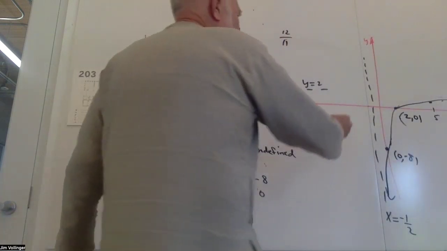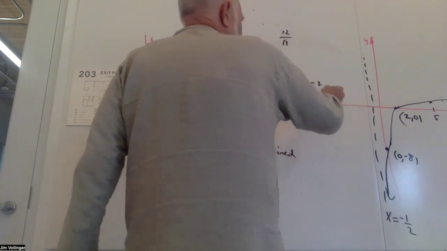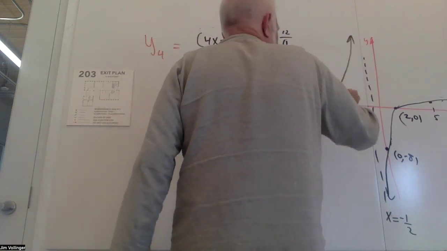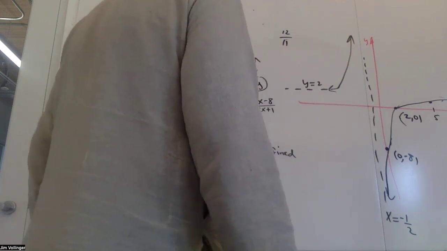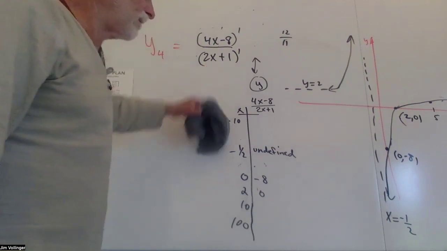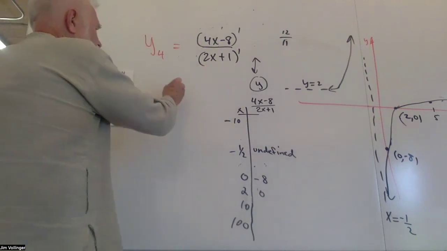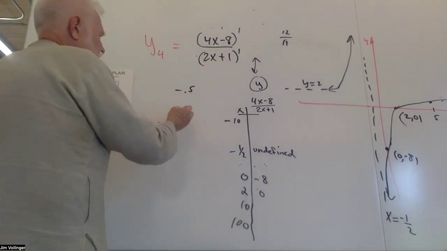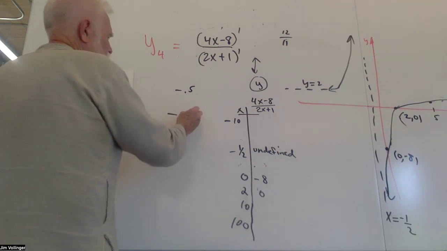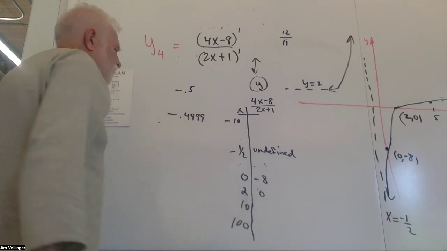But, all right, hopefully we see that. And then we know we're not crossing the x-axis anymore. And I'm heading to 2. It's got to do this. It's got to do that. All right, and negative 1/2 is where it's undefined. That's what makes the denominator 0. I'll call that negative 0.5. You take the time to put in negative 0.4999, some number like that.